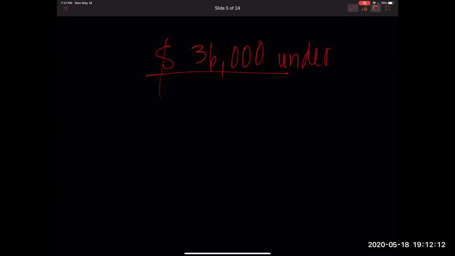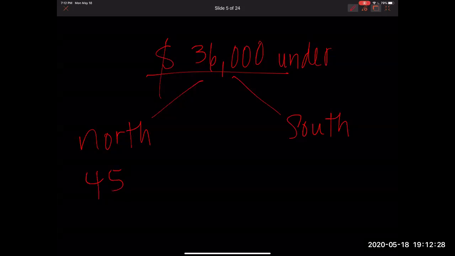And then it says the company is divided into the north and the south region. So we're going to call this part the north, and this the south side. The north region is over budget by 45,000.